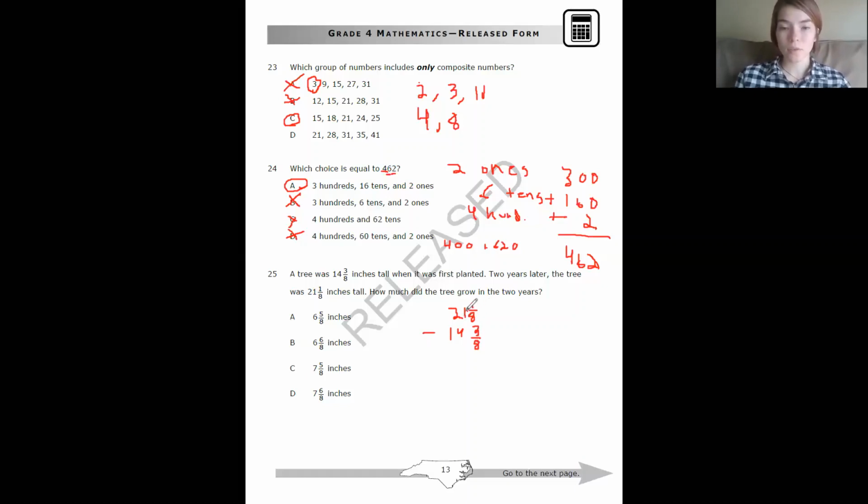So what we're going to need to do is turn this 21 into a 20 and add 8/8 to this 1/8 so that this 1/8 becomes 9/8. Now when we do the subtraction, we get 20 minus 14 equals 6, and 9/8 minus 3/8 equals 6/8. So our answer is going to be B, 6 6/8 inches.